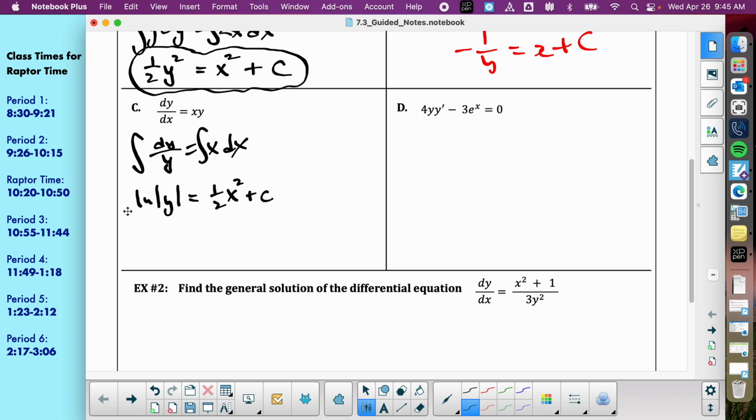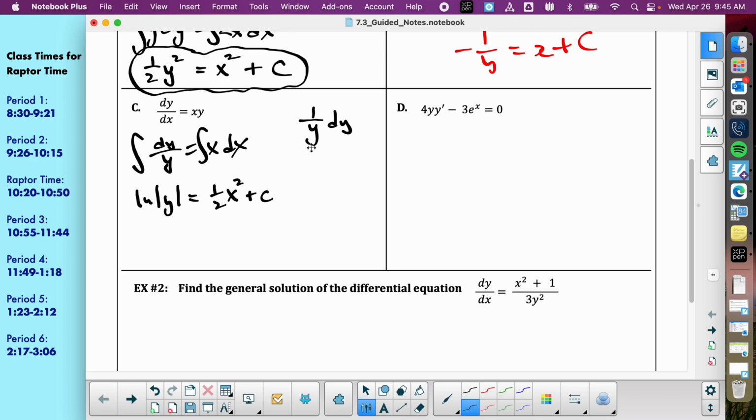Are most of you okay with this step right here, probably? Otherwise, does anybody want me to explain where the natural log came from or anything like that? Okay, so dy over y is the same thing as writing 1 over y times dy. And the integral of 1 over y is, well, it's sort of the definition of natural log.